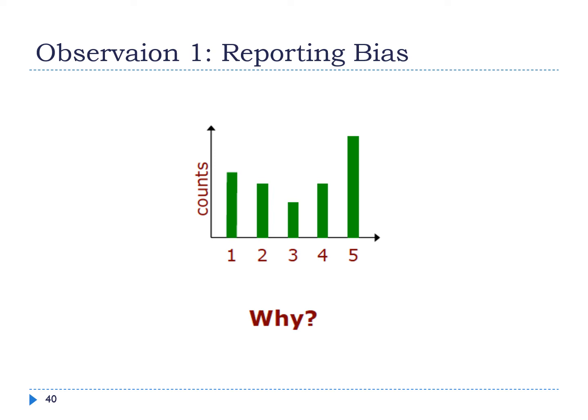Okay, this is the correct answer. Did you make a good guess? So, why do a lot of people choose 1 star and 5 stars, fewer people choose 2 and 4, and even fewer people choose 3? Why is that?